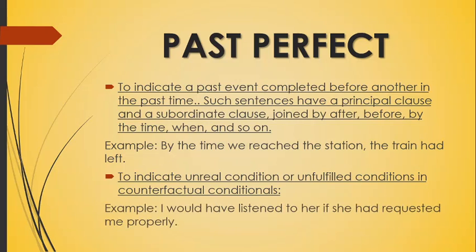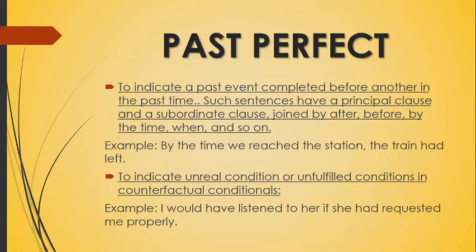I would have listened to her if she had requested me properly. So you see, her requesting and my listening to her, all these things are done in whichever way we have done them. It is completed. We cannot change that fact. But suppose she had requested me properly, then what would have happened? I would perhaps have listened to her in a better way.